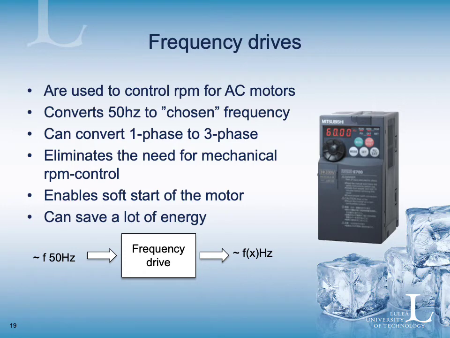It can convert one phase to three phase, and this also eliminates the need for mechanical RPM control. Maybe you don't need a gearbox or a transmission where you can change gears and change the output RPM. It enables soft start of the motor, and by this you can also save a lot of energy.